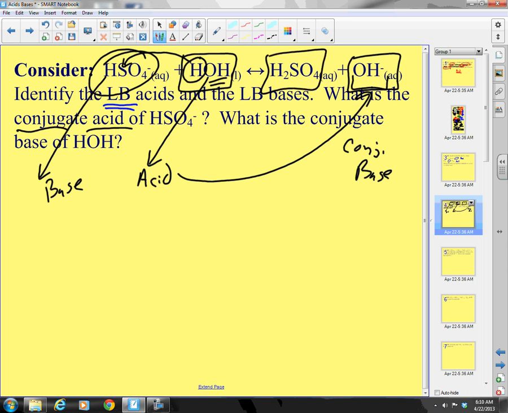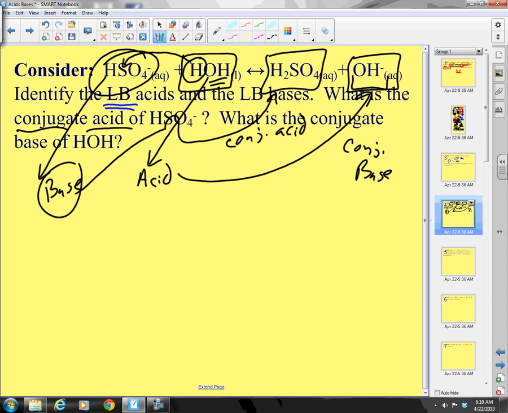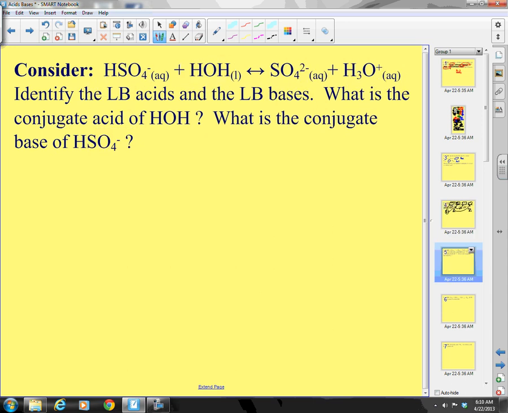We have this thing, which means that here's my base. So this must be my conjugate acid. Got it? Perfect. You guys answer these, bring me back.